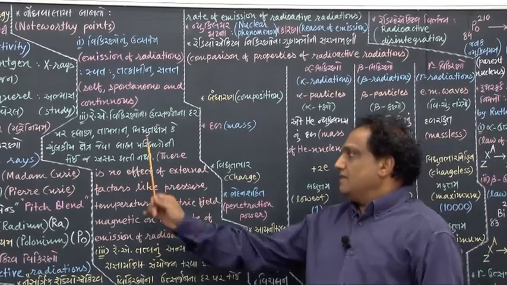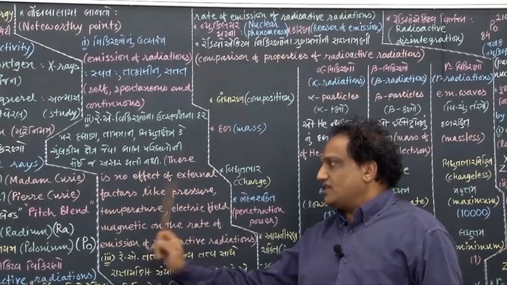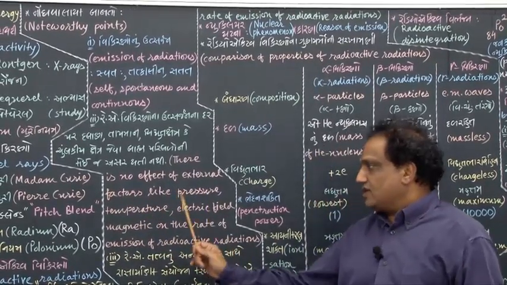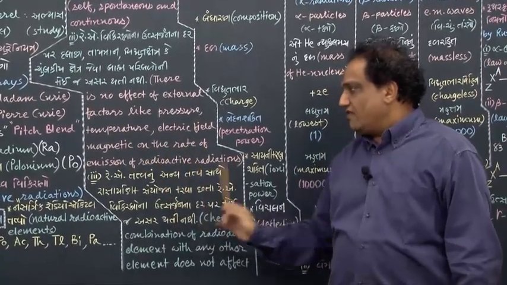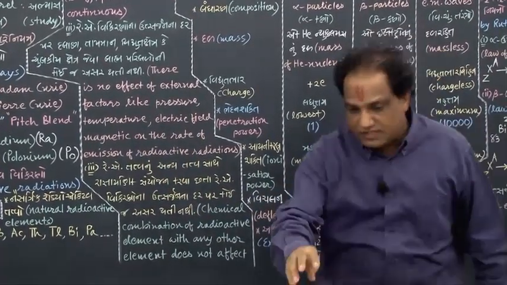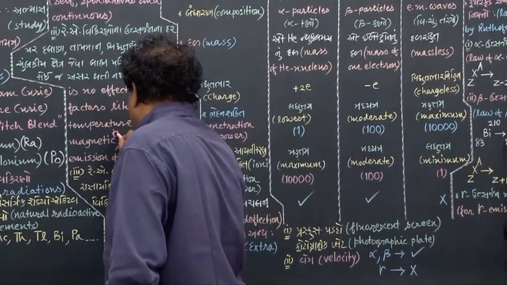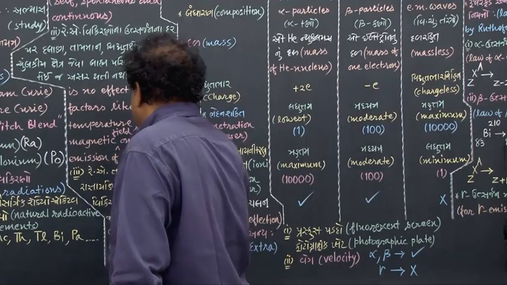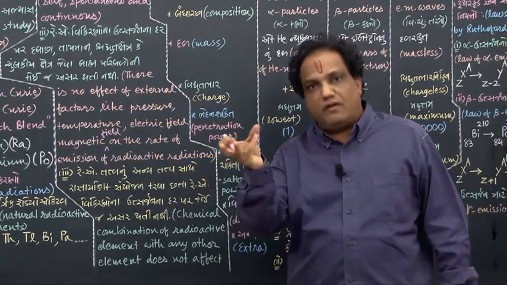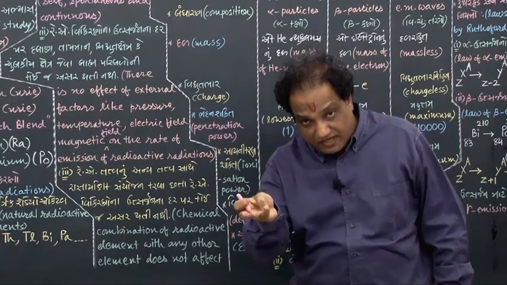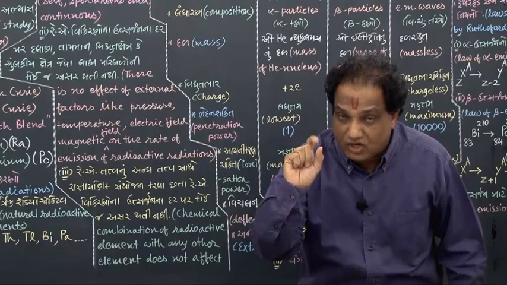The second fact is this: there is no effect of external factors like pressure, temperature, electric field, magnetic field on the rate of emission of radioactive radiations. Such external factors can't produce any effect on the rate of emission.